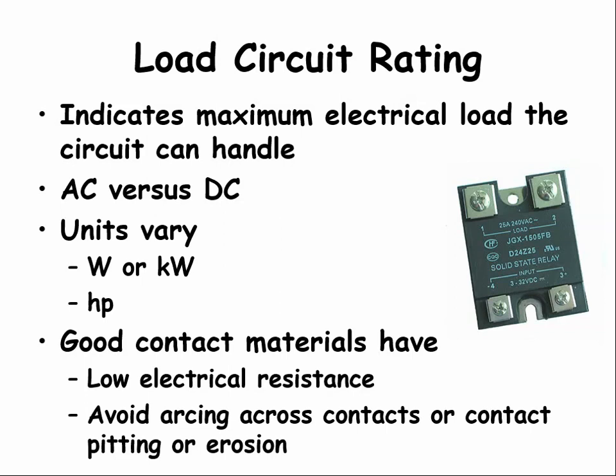Finally, if you use electromechanical relays, the materials used that make or connect the circuit need to be good materials with low electrical resistance and avoid arcing when they are disengaged. The materials should also not pit or erode when they open or close.